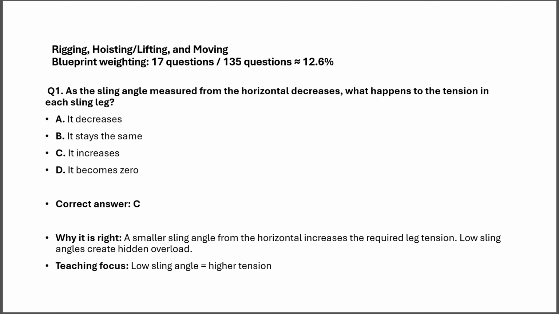Correct answer is C. Why it is right? As the sling angle from the horizontal decreases, that requires higher leg tensions. Lower sling angles create hidden overload. Teaching focus: lower sling angles equals higher tensions.